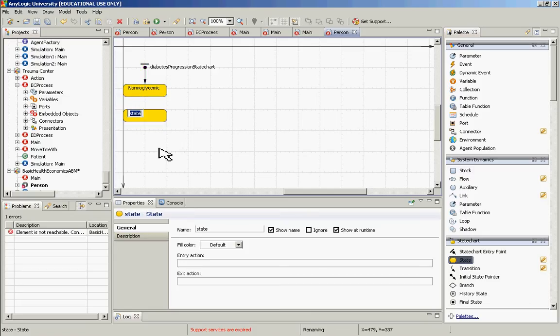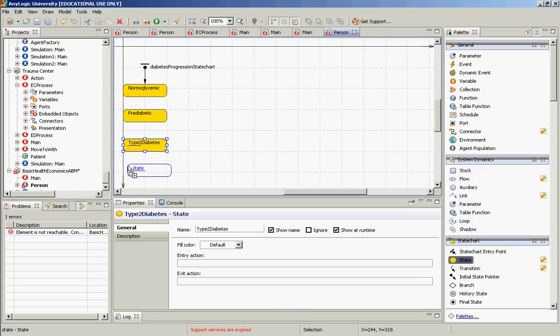Next, I'm going to have a pre-diabetic state. Next, a case of full frank type 2 diabetes mellitus.